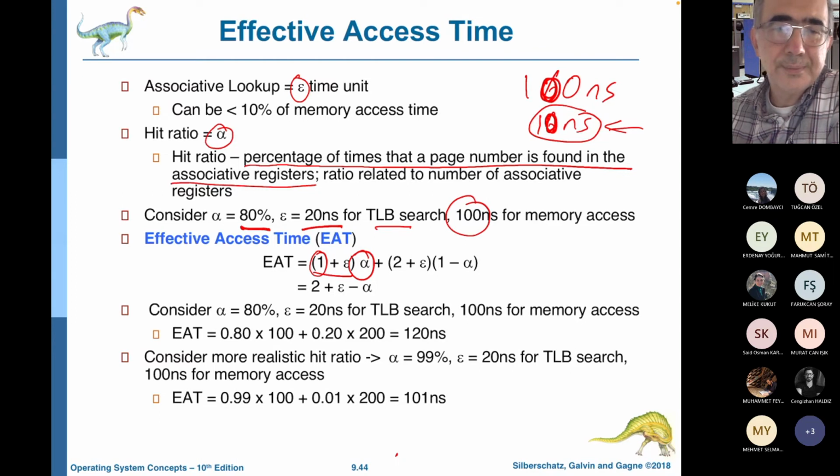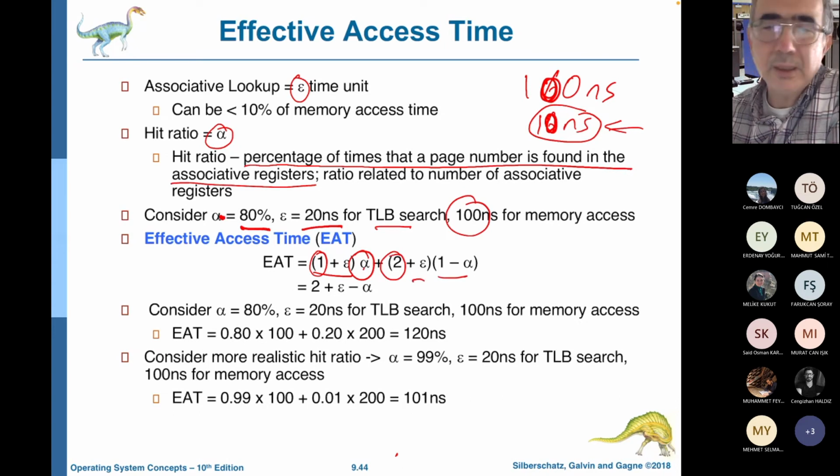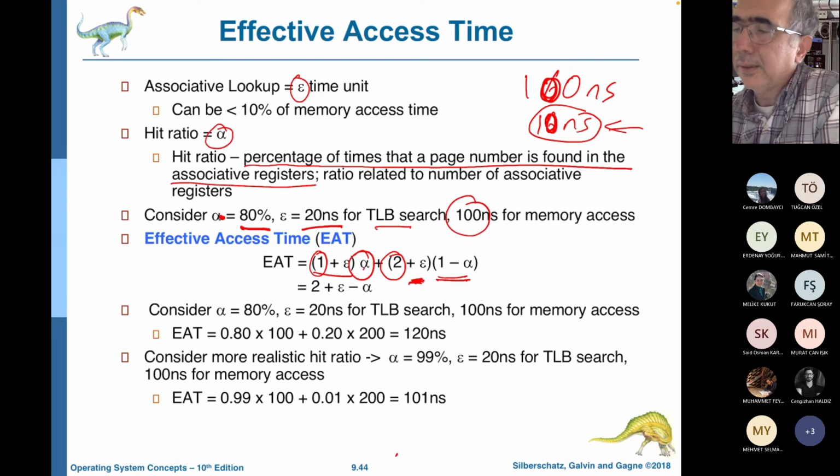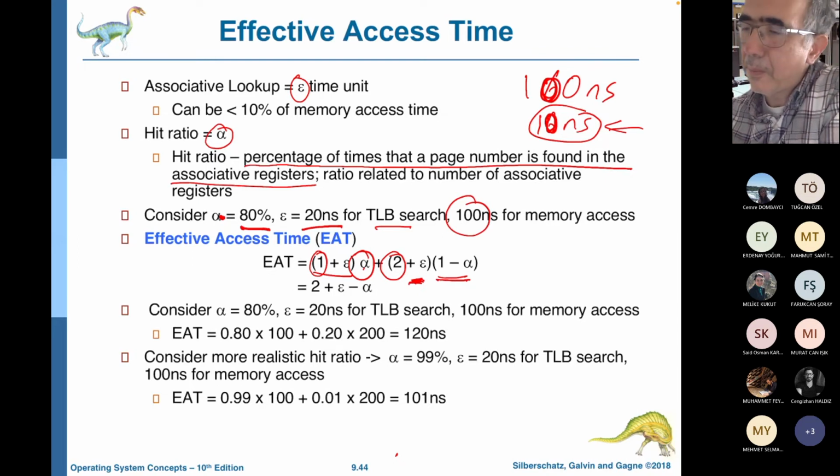There is one access with probability alpha, 2 accesses with the remaining probability, checking and not finding, and updating the translation look-aside buffer.